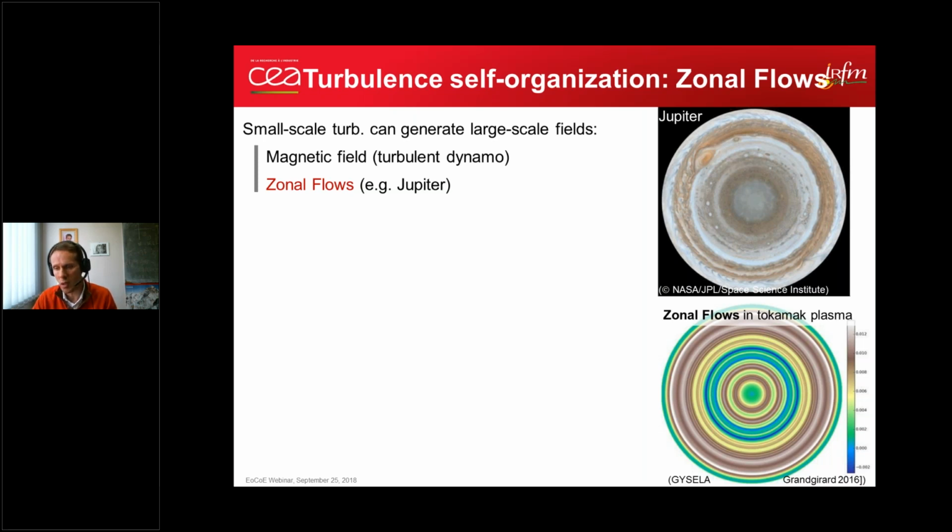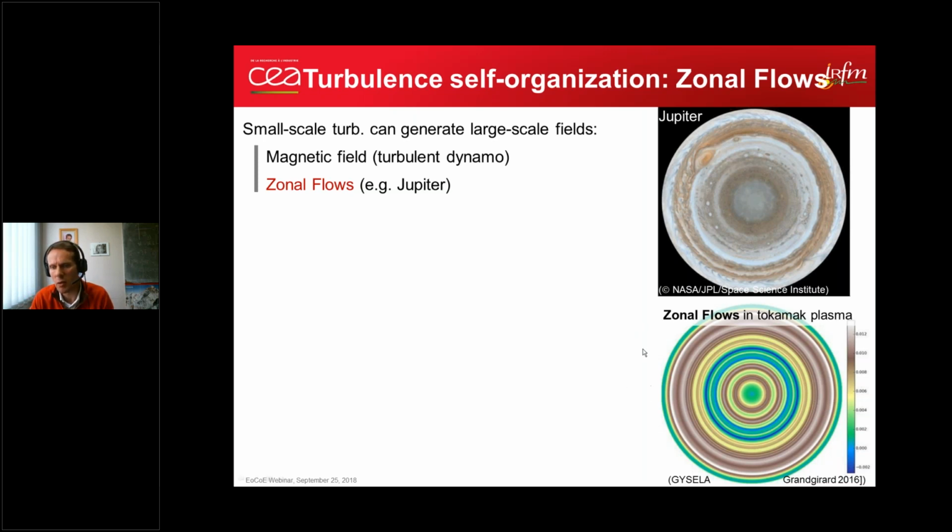And actually what you will see is that because of this generation of zonal flows by turbulence, each magnetic surface rotates at a different velocity. And so you have a shear velocity from one magnetic surface to the other. This is one example coming from a gyrokinetic simulation performed with the gyrokinetic code GYSELA, where the color corresponds to the magnitude of the poloidal flow on the magnetic surface.